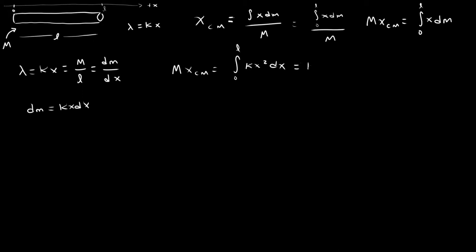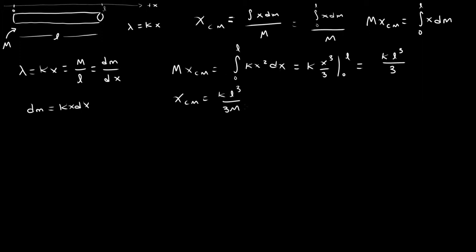We pull out the constant k, and then we have x cubed divided by 3 evaluated from 0 to L, and then we get kL cubed divided by 3. And then we solve for the center of mass, and we get that the center of mass is equal to kL cubed divided by 3M.